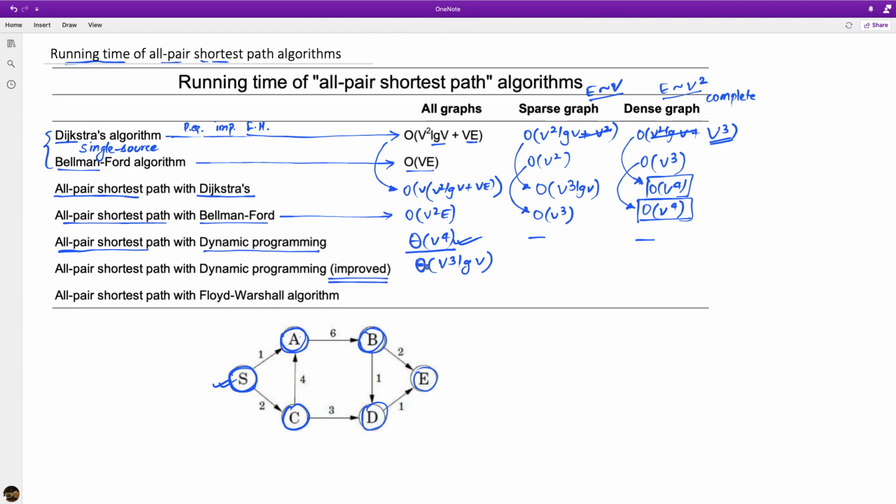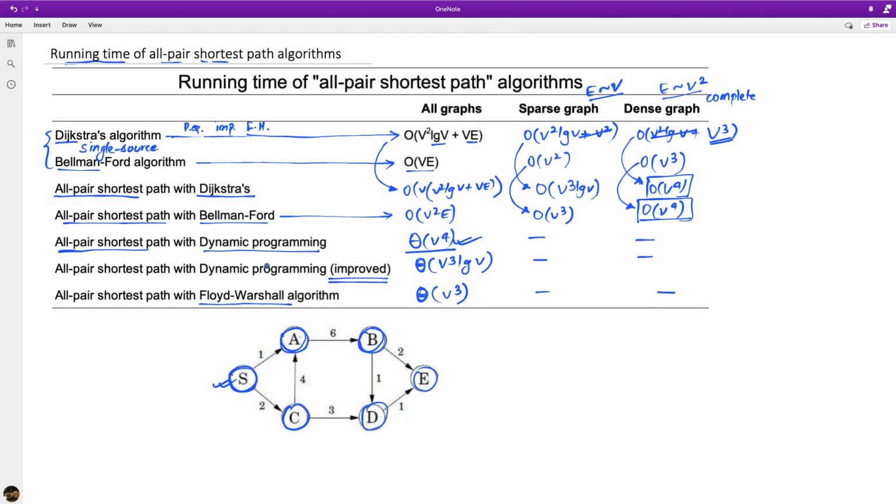And since this is big theta, whether the graph is sparse or dense, that will always be the running time. However, the Floyd-Warshall algorithm further improves the time complexity, and this gives us a big theta of V cube time complexity. And since this is a big theta, whether it's a sparse graph or dense graph, the running time is still the same.